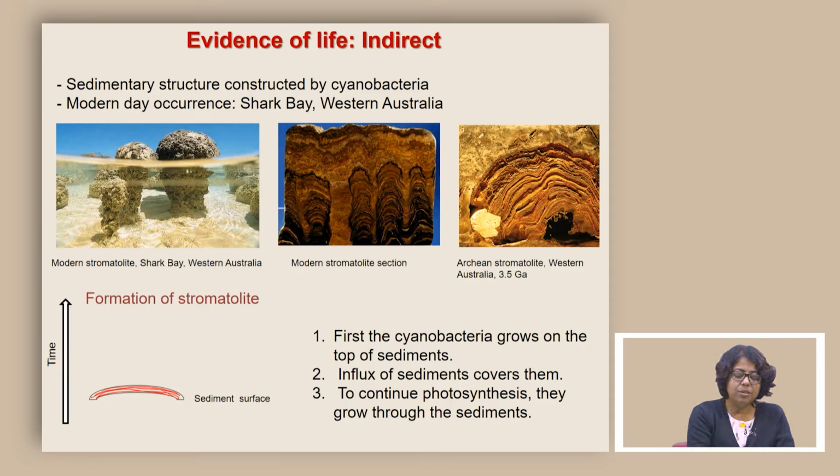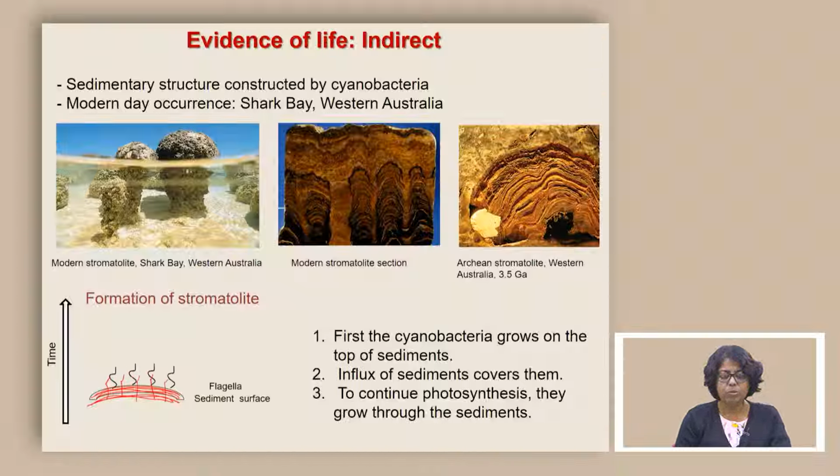But this covers the bacterial mat below, and therefore they try to survive. The next time, we see another development of mat, some of these actually extended their flagellum and created another layer on top of it. So it is going to create another layer which will again keep on adding sediments, because it has the sticky substance which will attract the sediments, and the sediments are going to settle.